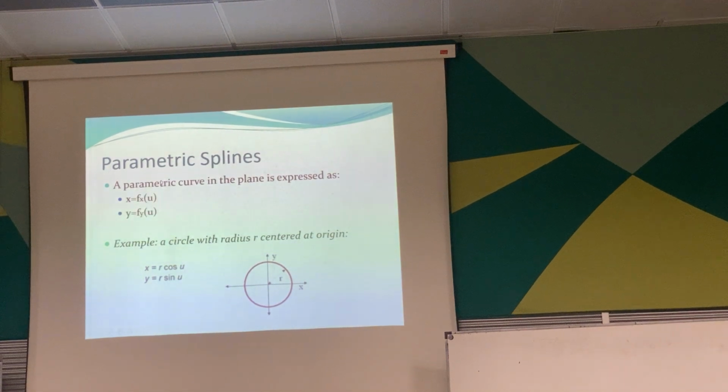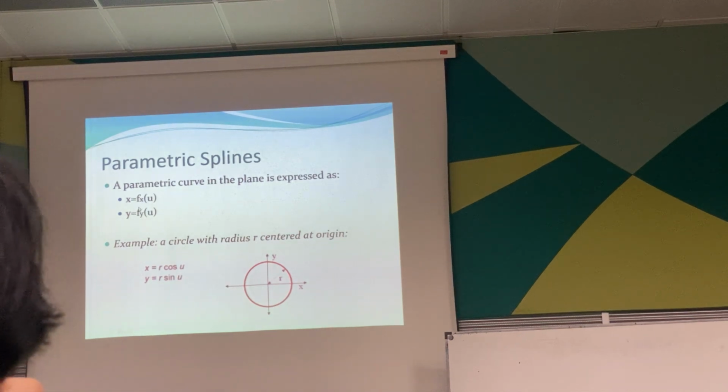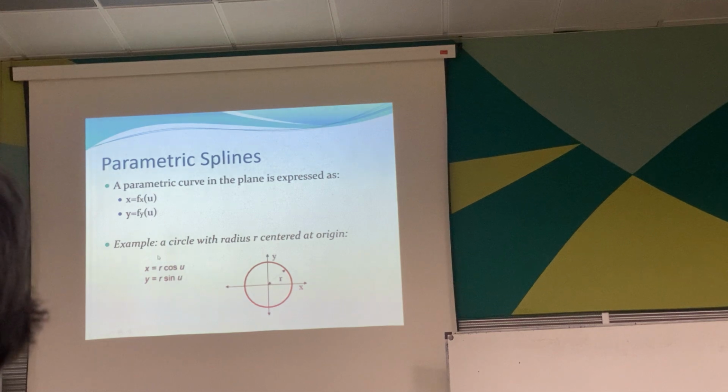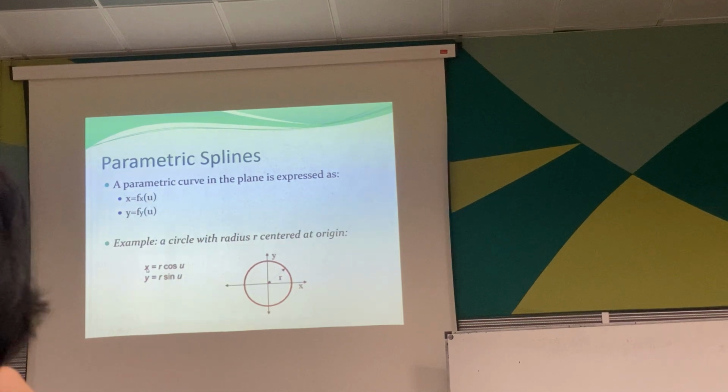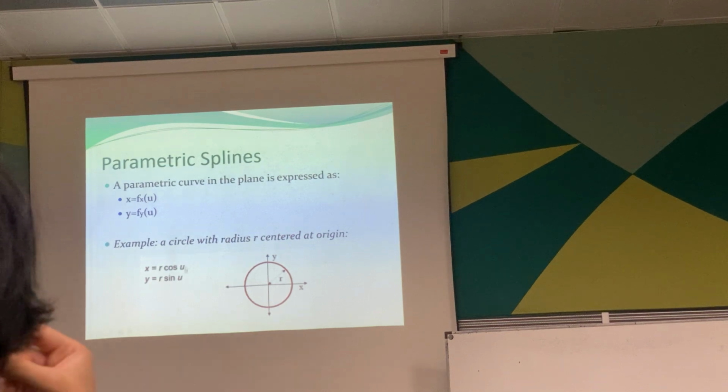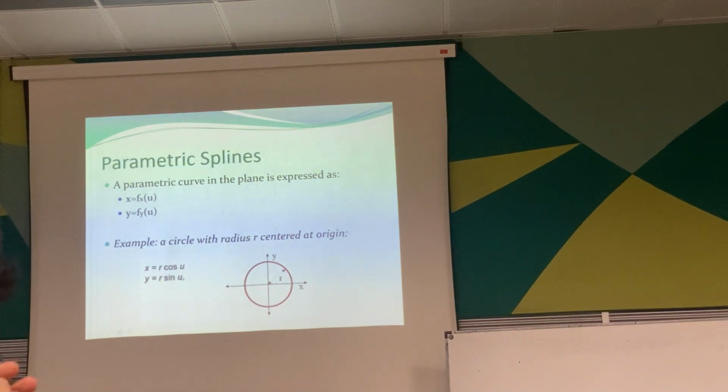A parametric curve in the plane can be explained this way: x is a function, which you calculate by passing the parameter u, and y is a function, which you also calculate using your parameter u. So for the circle with radius r, we use this to calculate your x and y, passing in your u, which is your angle.